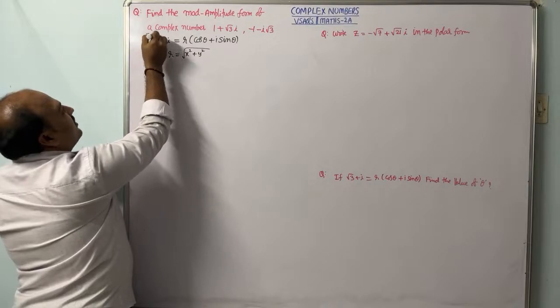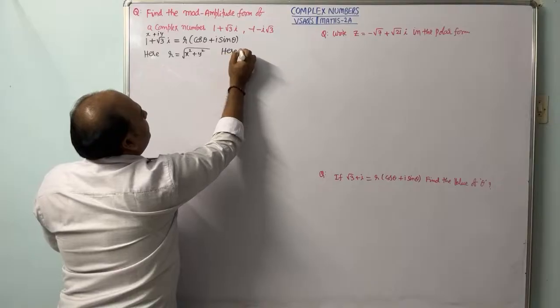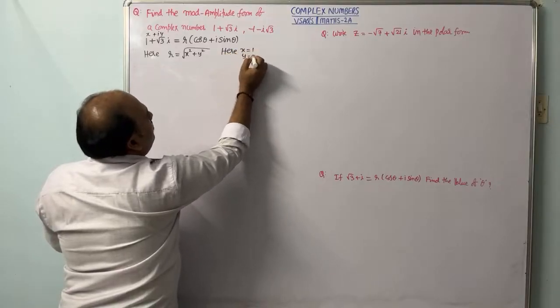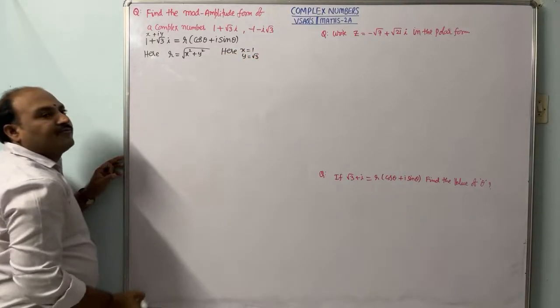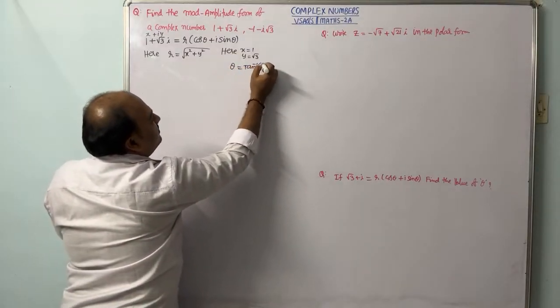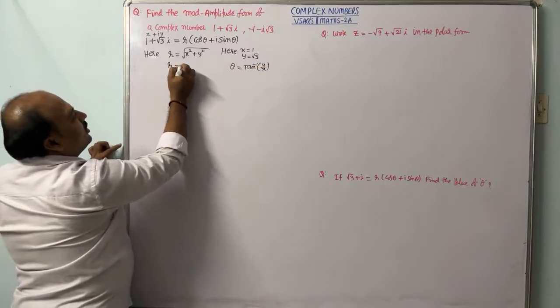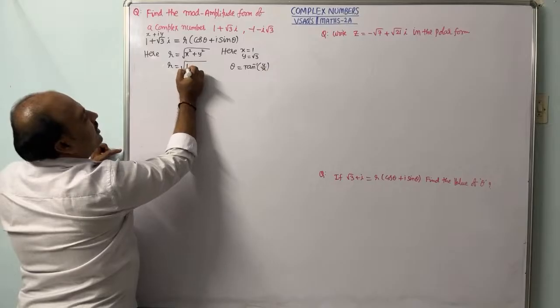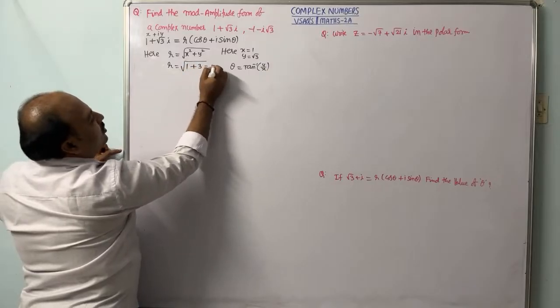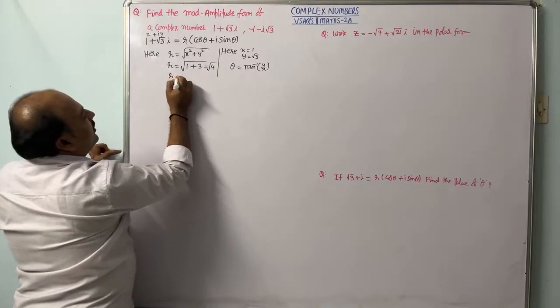This is x plus iy, dear students. So according to this, here x is equal to 1, y is equal to root 3, and theta equal to tan inverse of y by x. So r equal to root of 1 plus 3, that is root 4, which is equal to 2. So r equal to 2.